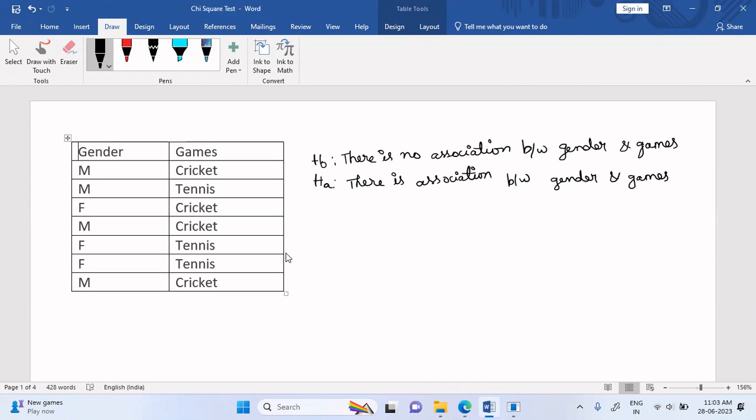In the second step, we need to create a contingency table. Construct a contingency table or a cross tabulation that summarizes the observed frequency for each combination of the categorical variables.